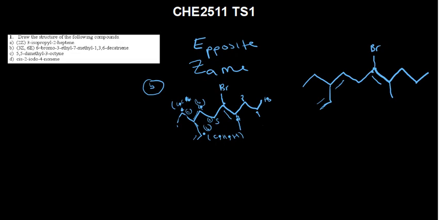This carbon is directly attached to bromine, and this carbon here. These are the two groups on this carbon, a bromine atom and a carbon. Automatically bromine has the highest atomic number, so it will be A and this will be B. And you do the same for this carbon. It's directly attached to this carbon, and this carbon.